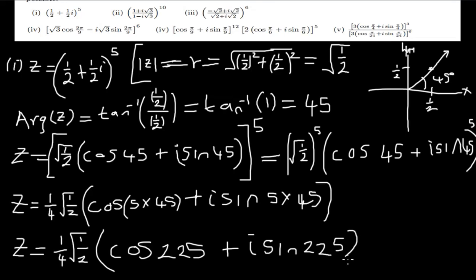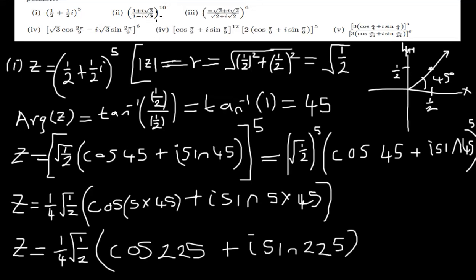So this is going to be your answer for question 1. So this one here is a little bit straightforward, I would say. Why? Because if you want to solve this one properly, you can first find the conjugate of this.